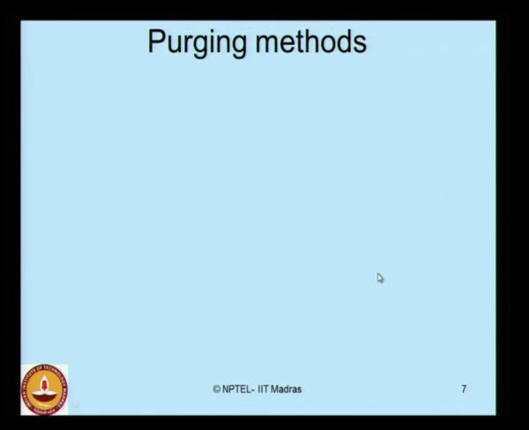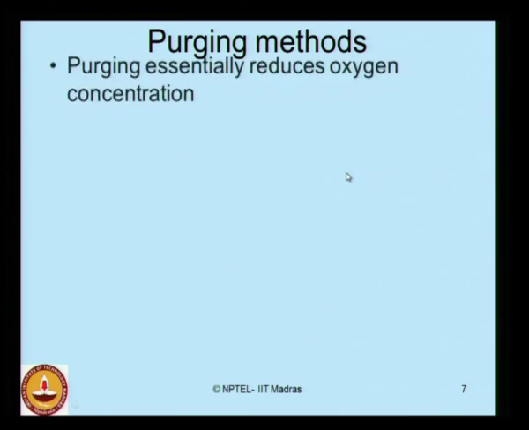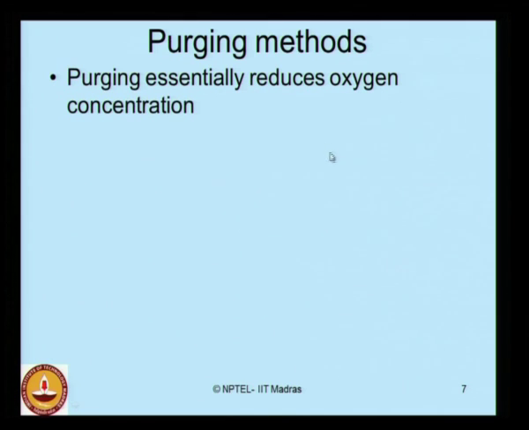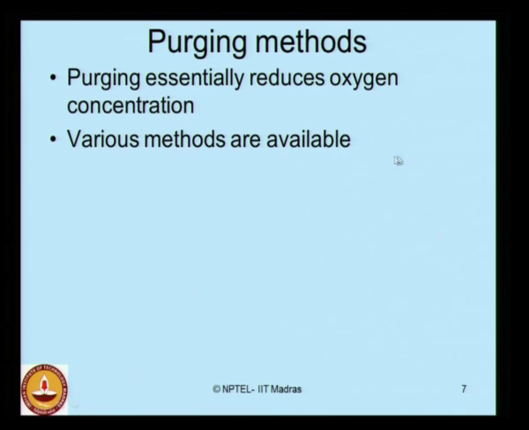There are different purging methods which are commonly practiced in the offshore and petroleum industry. As we understand, purging essentially reduces the oxygen concentration in the environment. Various methods are available for purging.